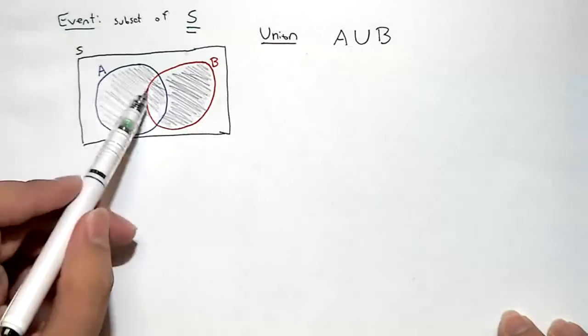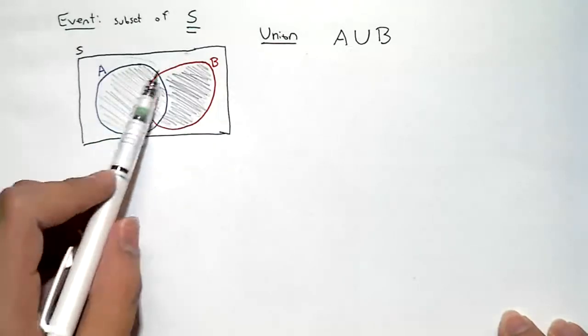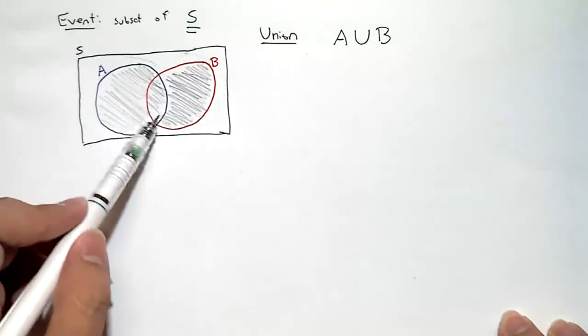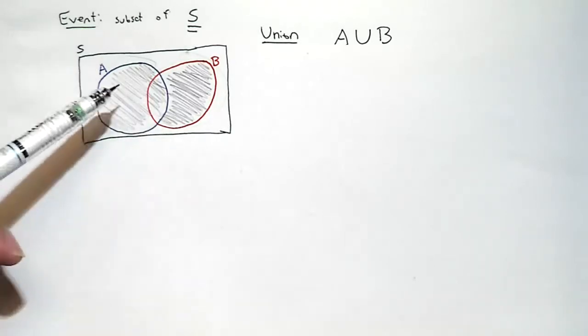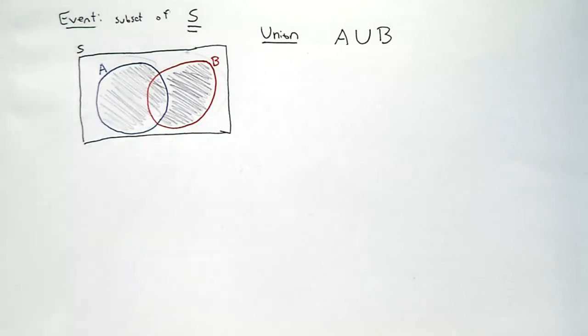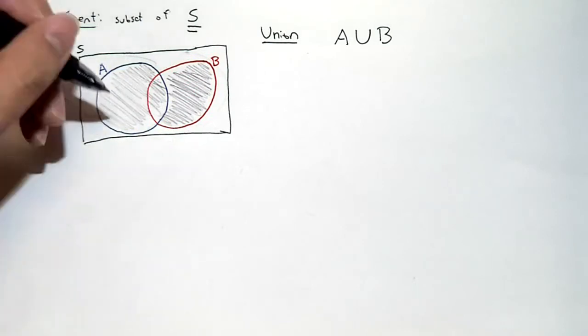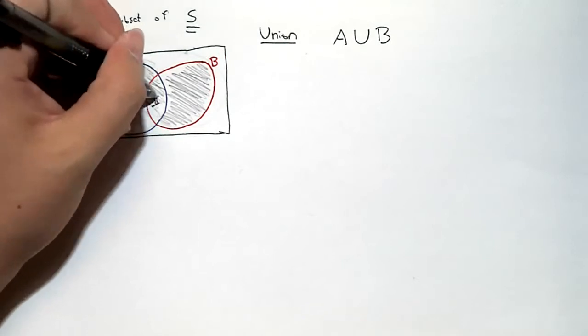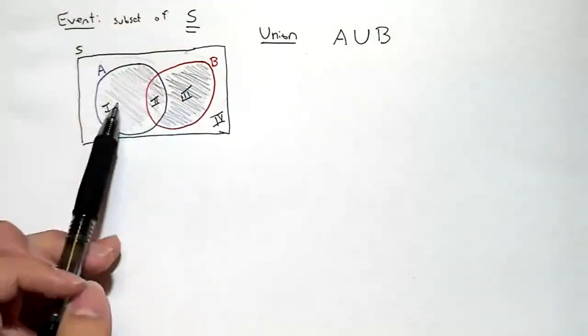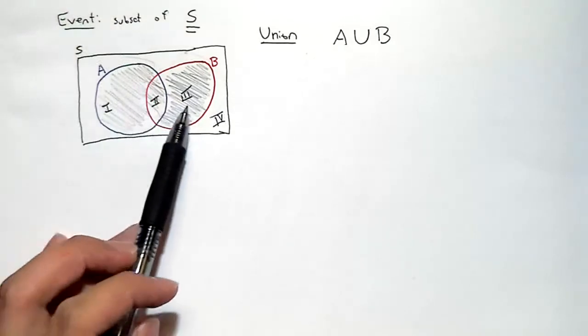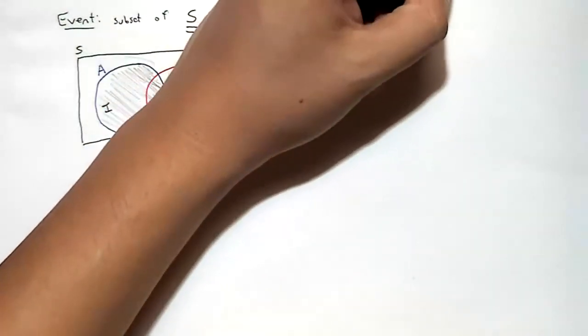So A cup B represents everything that's inside A and everything that's inside B. Even the things that intersect are also included. So in this case, my union of A and B is going to consist of everything inside these two circles. If we give them names, let's call this region 1, region 2, region 3, and let's say that everything else is region 4, then A cup B is regions 1, 2, and 3 in this case, just for this example.